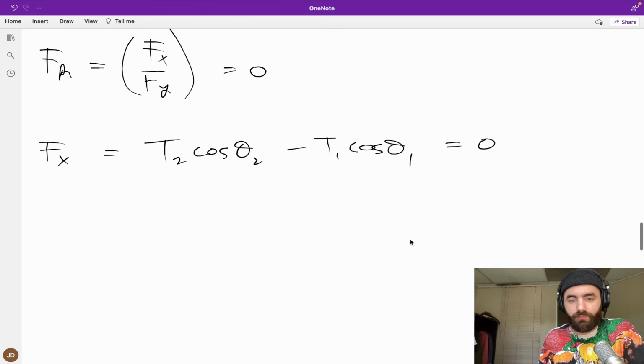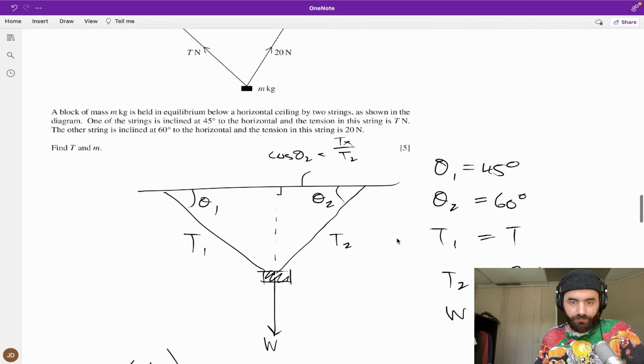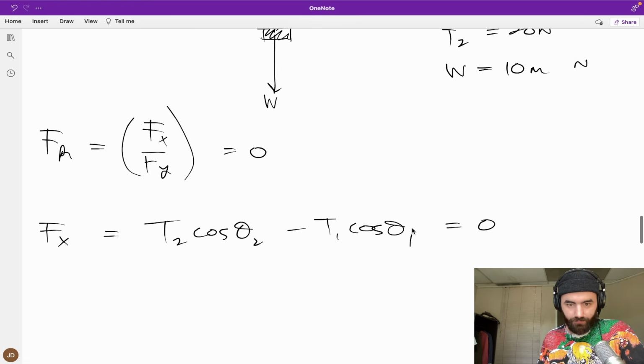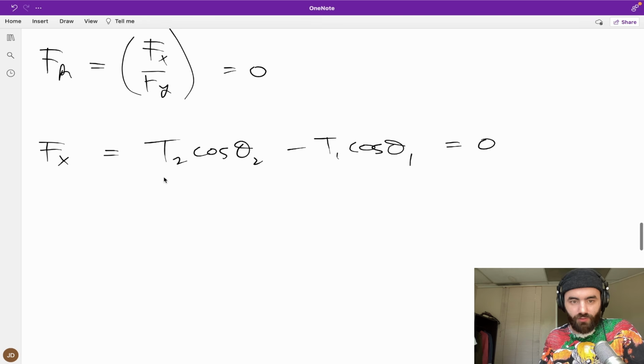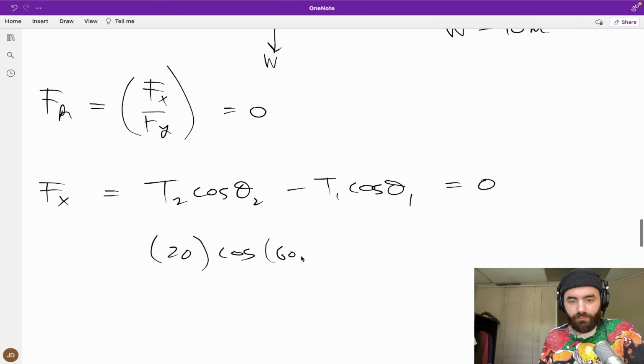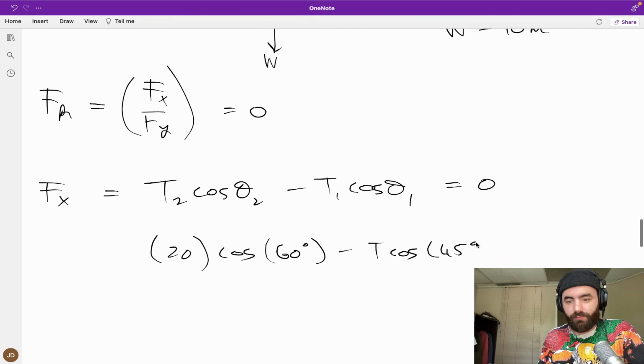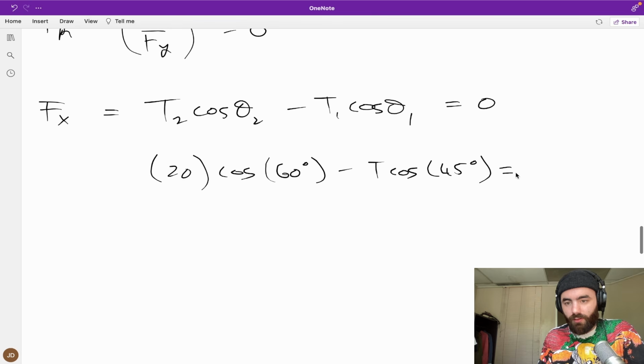That equals 0. Therefore, if we substitute these in, T2 was 20, cos of theta 2 is 60 degrees, minus T1, which was T, cos of theta 1, which is 45 degrees, equals 0.